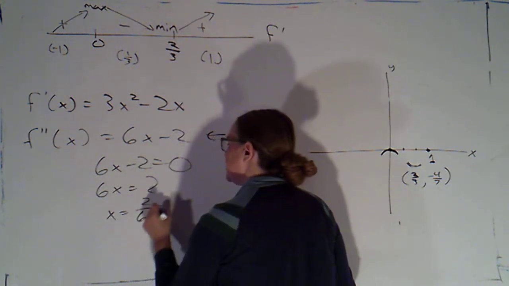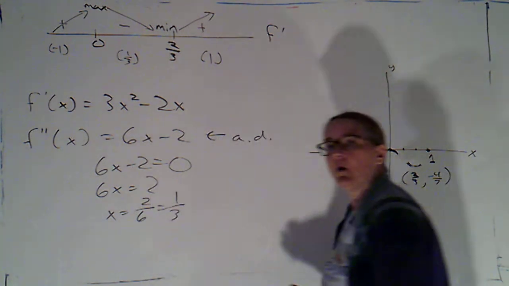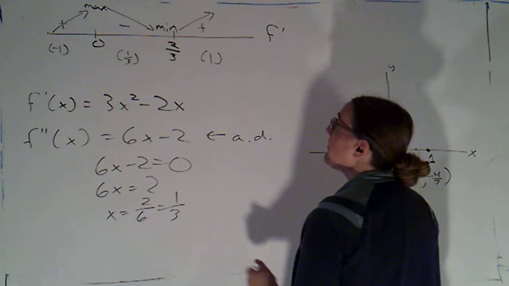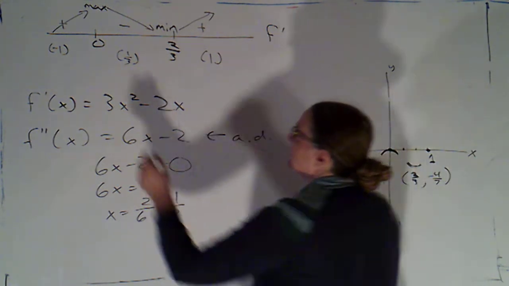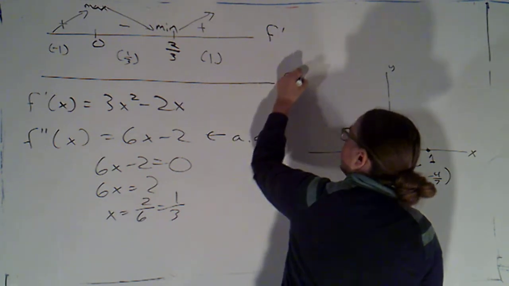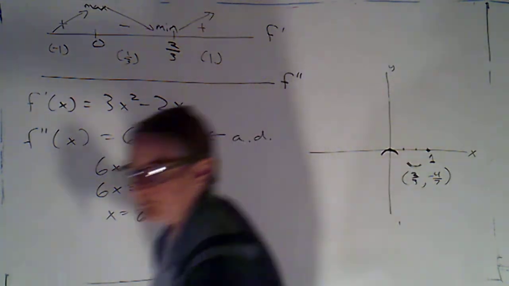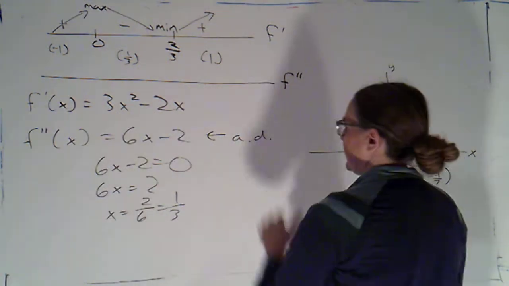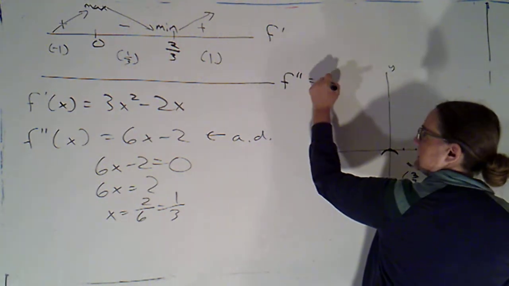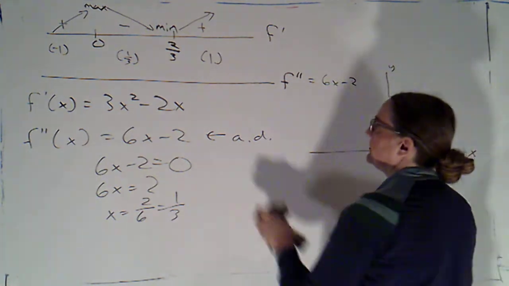So x would equal 2/6 or 1/3. So for my second derivative, I'm going to just line that up here with the first derivative. I think I can erase the calculations as long as I remember that we're looking at 6x minus 2 is what we're plugging into.